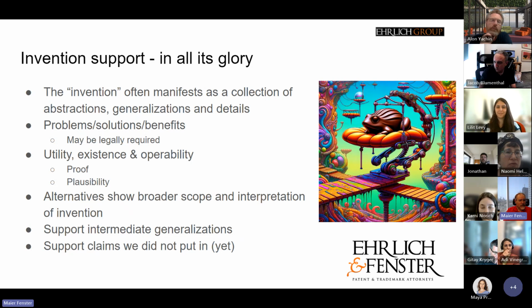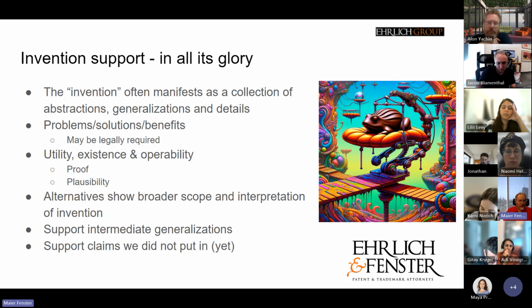The word invention, and I'm not going to define it, but usually it's some sort of collection of abstractions, generalizations, and details. Some details you might not think about is that in some countries you might be expected to explicitly or at least implicitly describe the problem you're solving and make clear what the solution is.